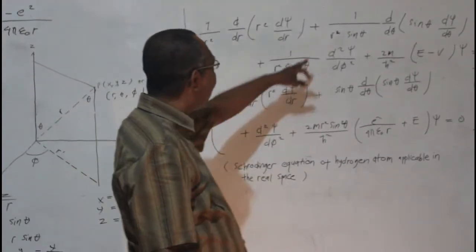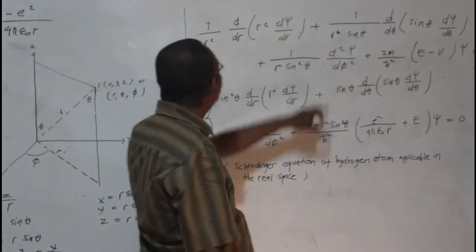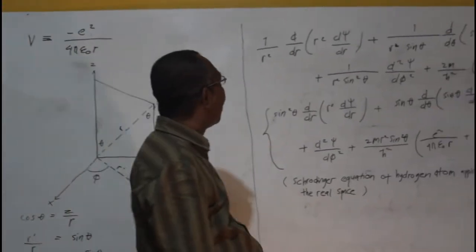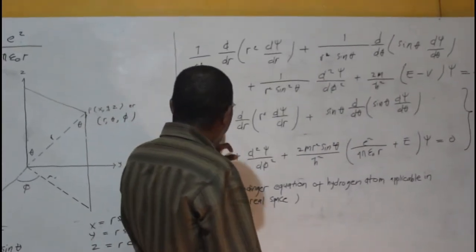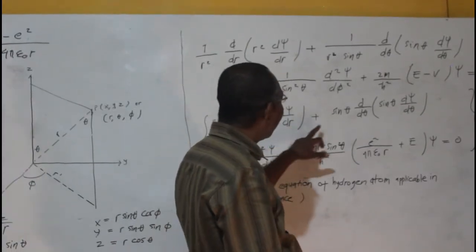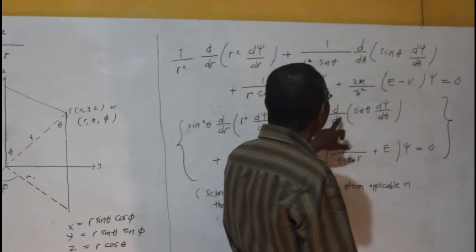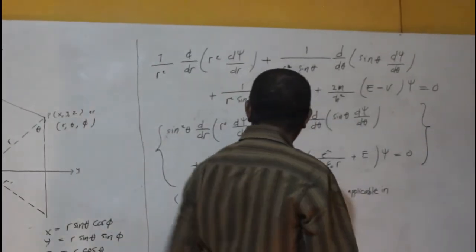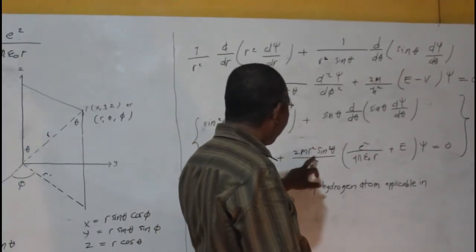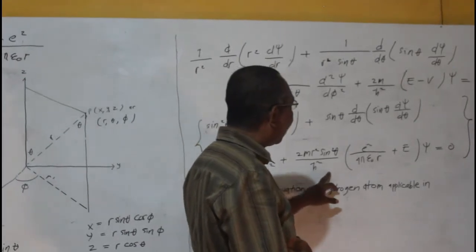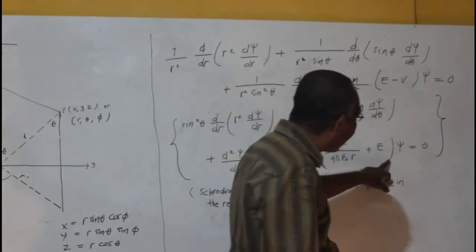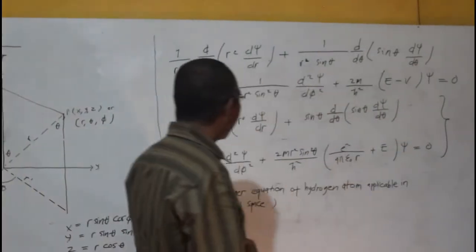Now if we multiply this equation by r squared sin squared theta and then substitute phi equals minus e squared over 4 pi epsilon naught r into the equation, we obtain sin squared theta times d over dr of r squared d psi over dr, plus sin theta times d over d theta of sin theta d psi over d theta, plus d squared psi over d phi squared, plus 2m r squared sin squared theta over h bar squared times e squared over 4 pi epsilon naught r plus E times psi equals 0.